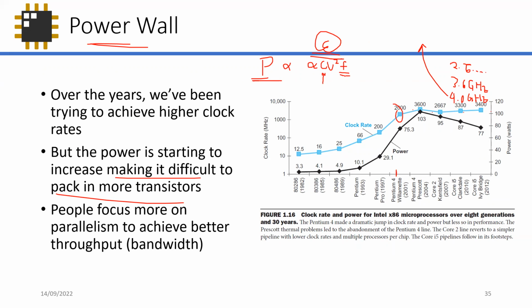Yes, not a problem, because although power is increasing due to the number of transistors that you're packing in, the only way to do it is to scale, to make your transistors smaller. If you make your transistor lengths smaller, you can pack more.